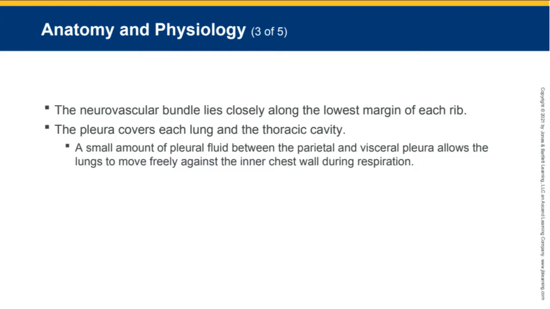A small amount of pleural fluid is found between the parietal and visceral pleura, and the purpose of this fluid is to prevent friction when the lungs expand. And this is a space that can start to collect air and blood. So if air and blood enters the pleural space, it will expand and cause the lungs to collapse.